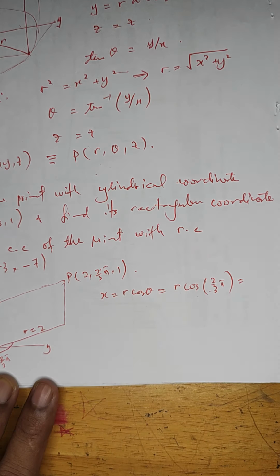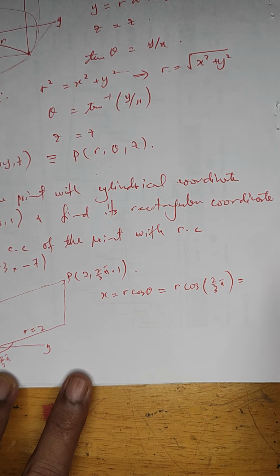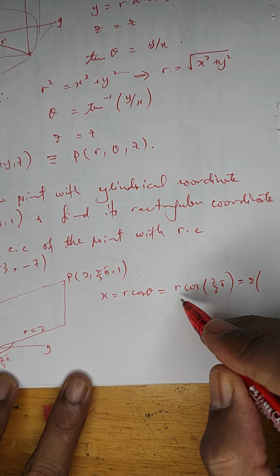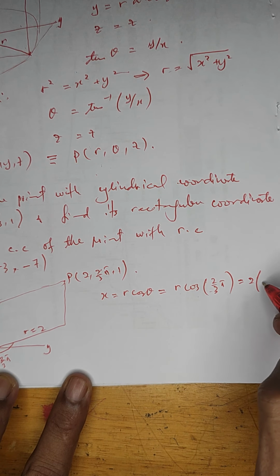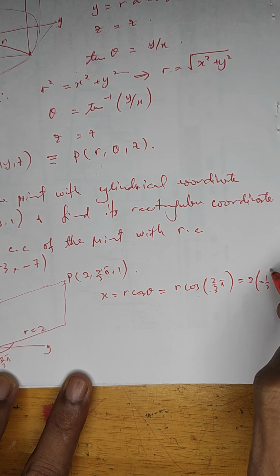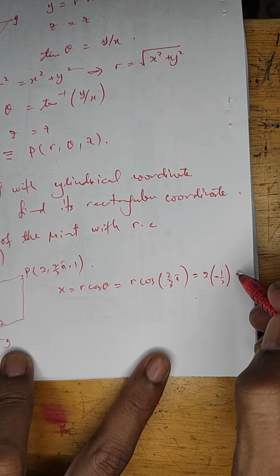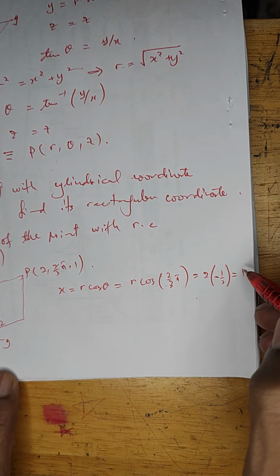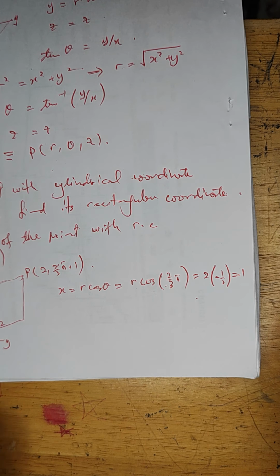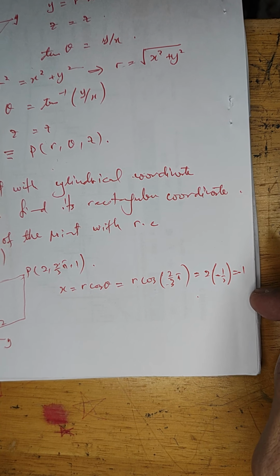This is the second quadrant, so cos should be negative, so we have 2, this gives you negative half, right? So that gives you negative 1.